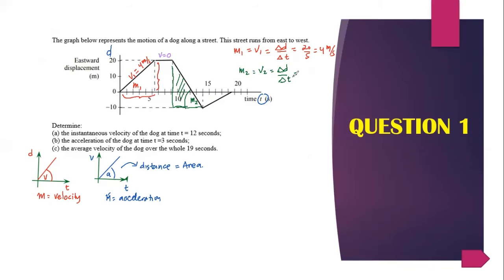How many delta d? 30, right? Yeah, this one is 30. Delta time is 15 to 10, right? Is it right or not?